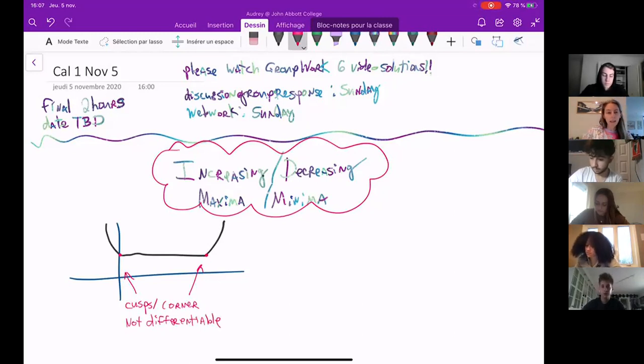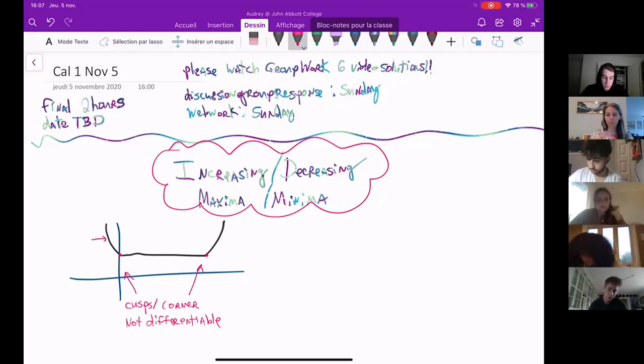Now my second thing that we're going to look at is this portion of the graph right here. As x gets bigger, what's happening to y? As my x values get bigger on that little portion, what's going on with my y value?